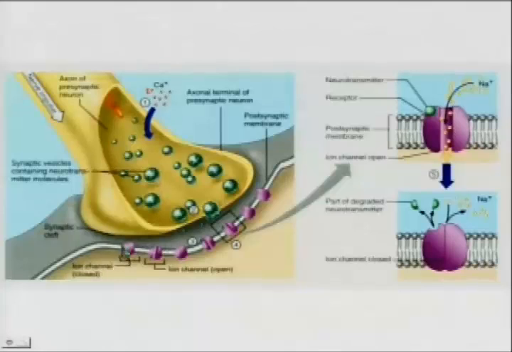to target either a ligand-gated ion channel, or metabotropic receptor that can affect nearby ion channels that might be voltage sensitive, or if they're altered, typically phosphorylated or dephosphorylated, then they'll open or close or be more sensitive to voltage changes.